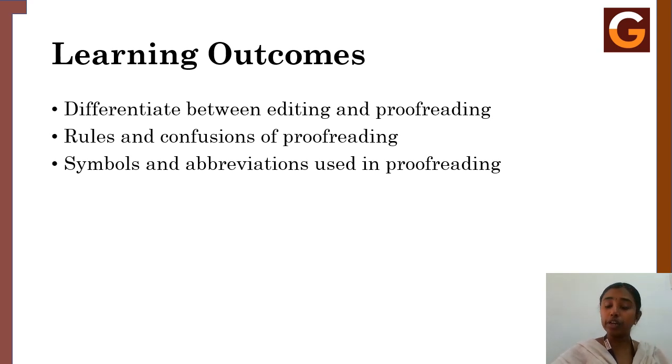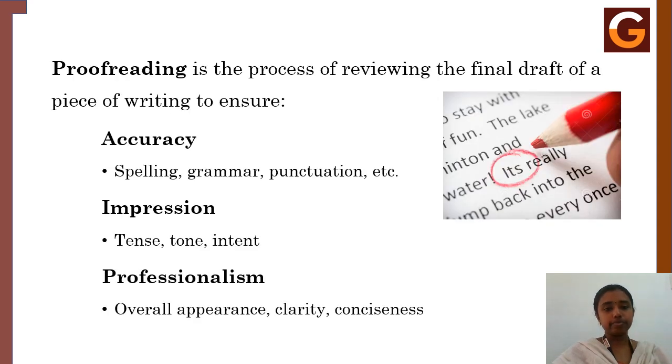It's not the duty of the proofreader to sit and do the entire process. He is not going to complete it, but he will just be notifying the author about the mistakes. In order to notify, he uses certain symbols and abbreviations to correct the mistakes.